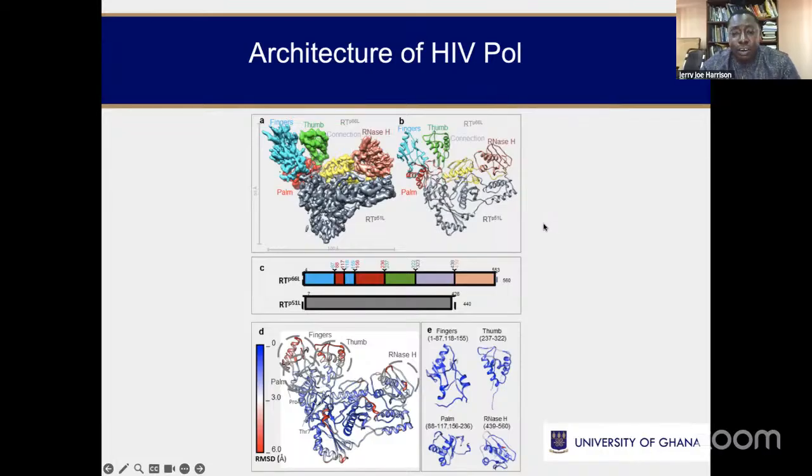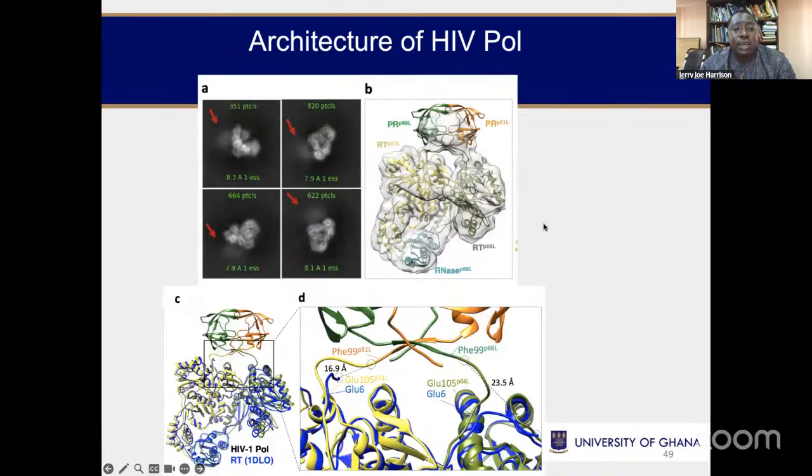But whilst we were contemplating, we went back to look at the 2D classes that we had. Interestingly, we just show a few of these particles where the red arrows are. You can clearly see that there is some density there that is unaccounted for. Clearly you can see the RT over there, and then on this side, there's this fuzzy density. A technique that the research lab pioneered over the years called focused classification was used, where you try to mask the well-defined portion and then see whether the density over there pops up.